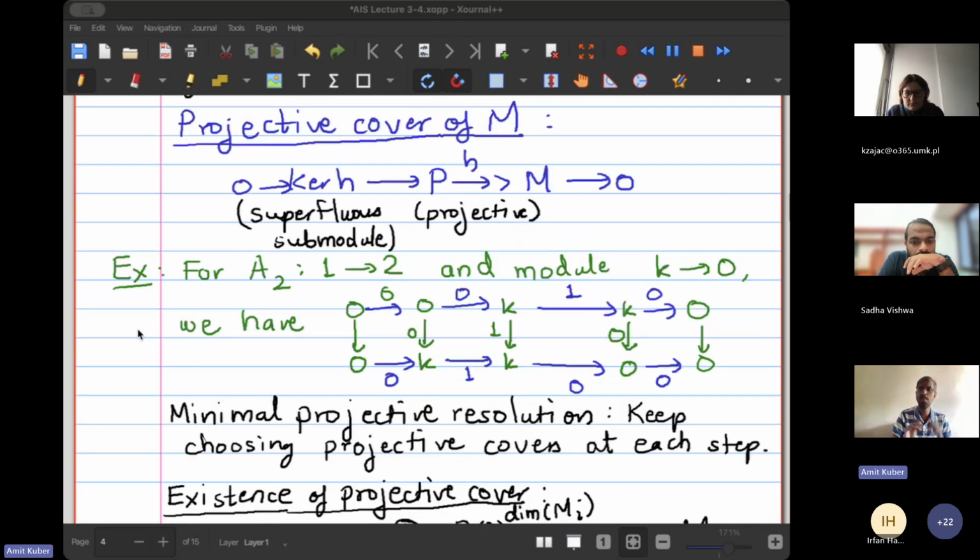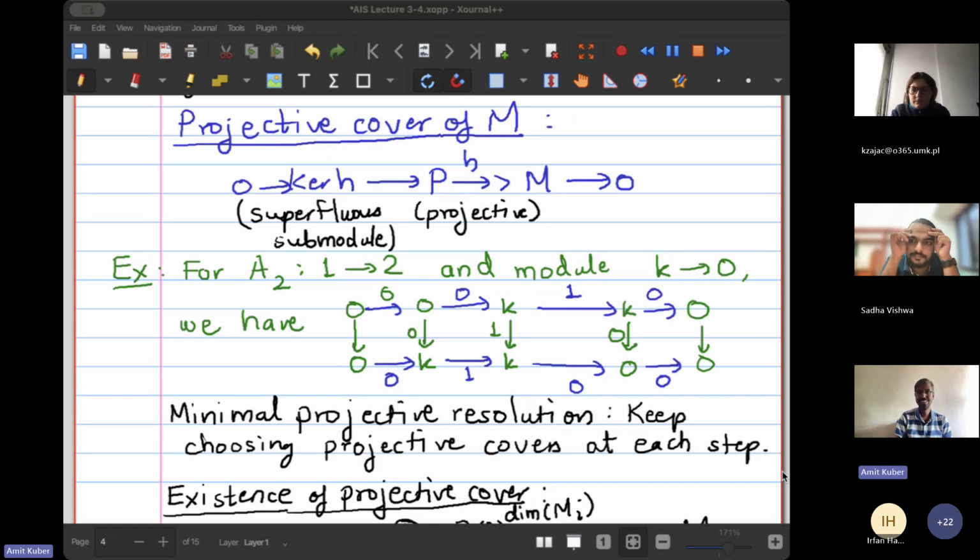So look at this simple enough example. All the morphisms here are written horizontally, and the modules are written vertically. We are talking about A2, a two-vertex quiver, and we are taking this particular module. It is a non-projective module. We have to ensure that. Otherwise, what will be the projective cover of a projective module?